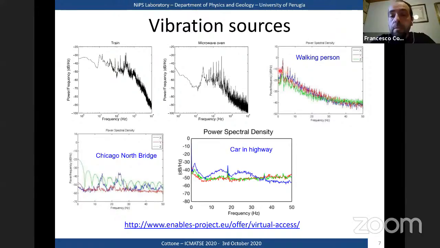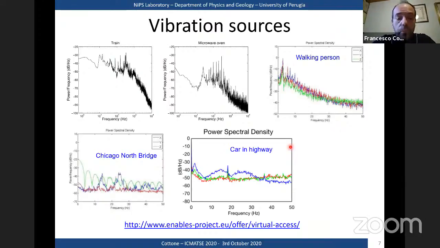Then we have bridges, for example the Chicago North Bridge, where it is below 50 hertz. For a car on a highway, the main peaks are near 20 hertz, and another one is near 2 hertz.